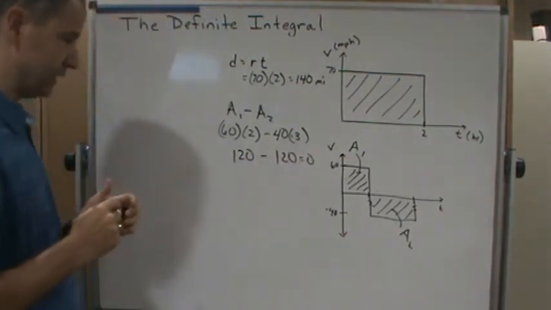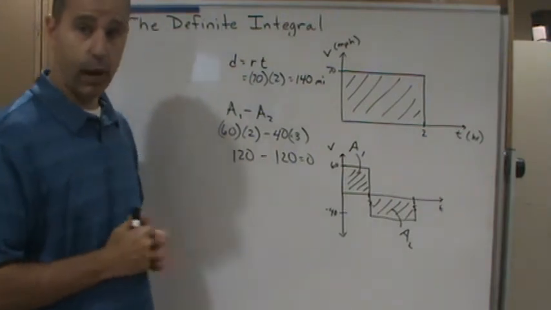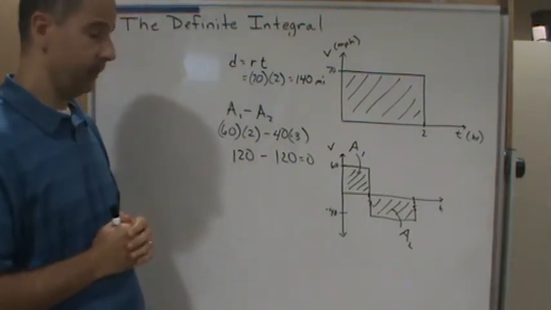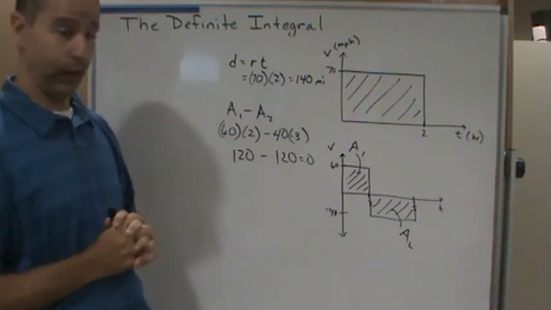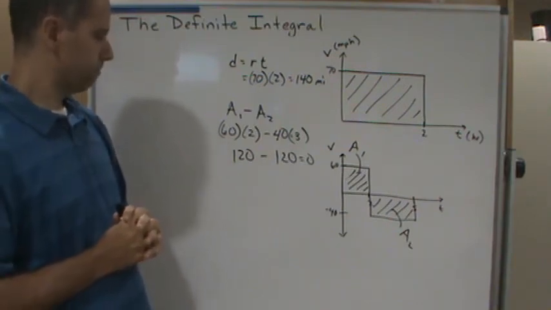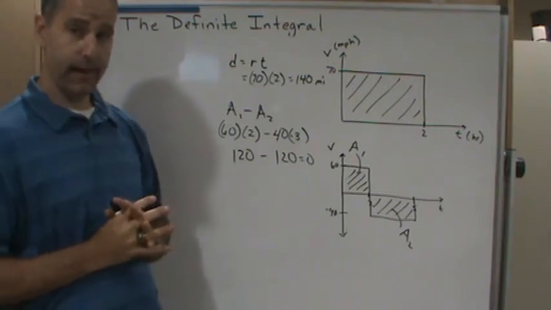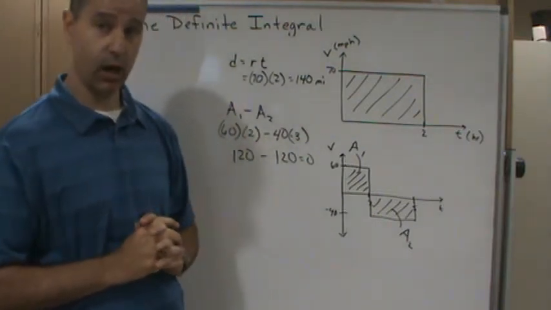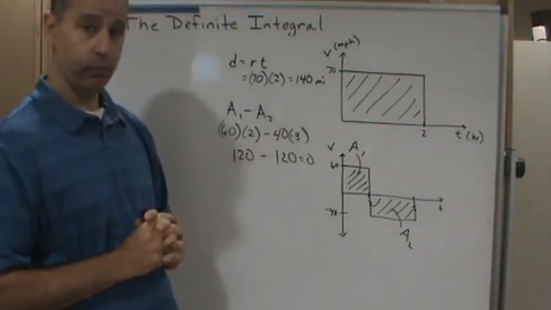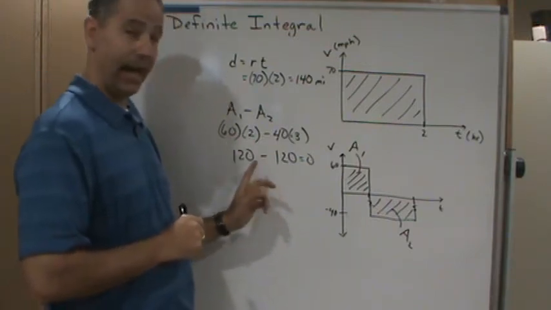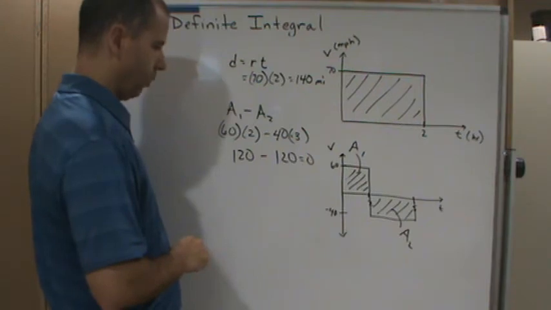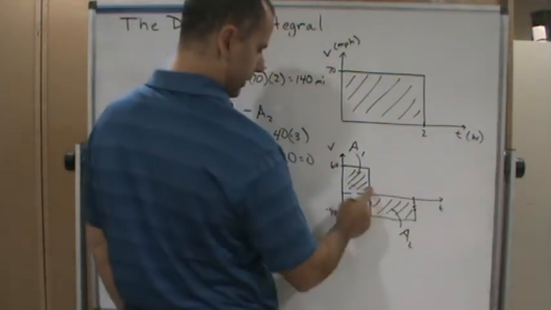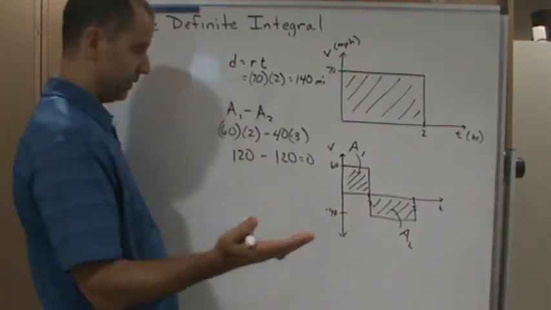So what does it tell us? The displacement is 0; the car is right back at its starting point. But what if I wanted to find the total distance that the car traveled? Then I would add these two areas, because I treat areas as always positive.